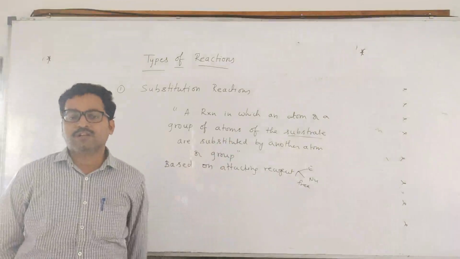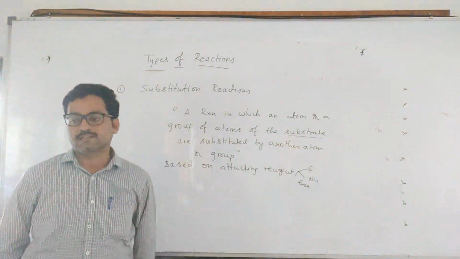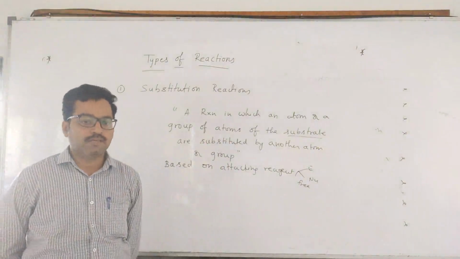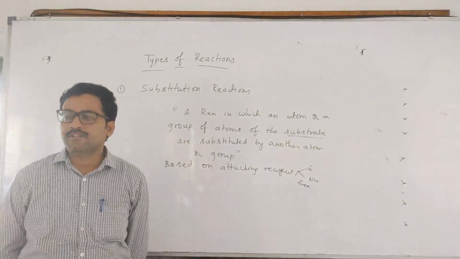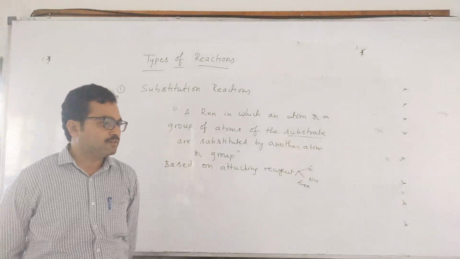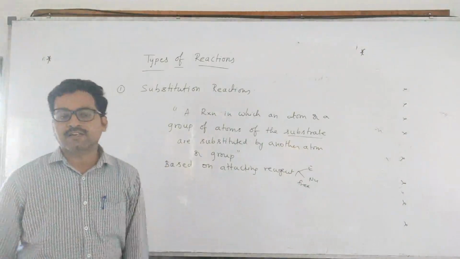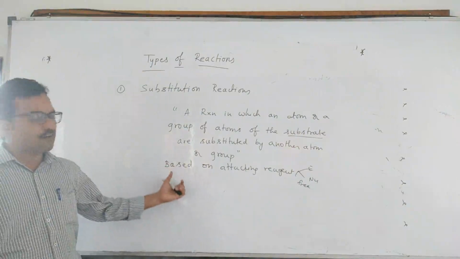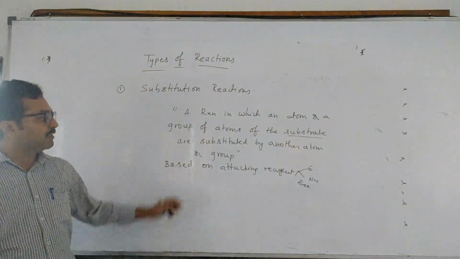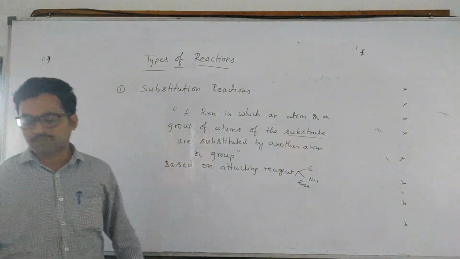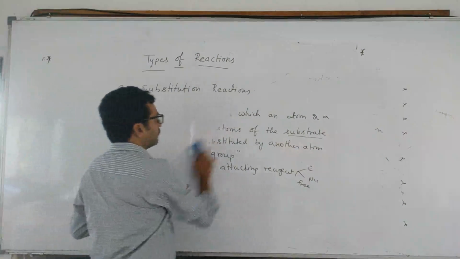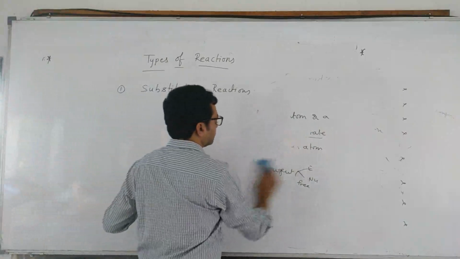Among them, which will undergo substitution reactions? Aromatic compounds, yes, still. Saturated compounds mainly undergo substitution, and unsaturated compounds mainly undergo addition. Understanding? So we will see what is meant by electrophilic substitution.